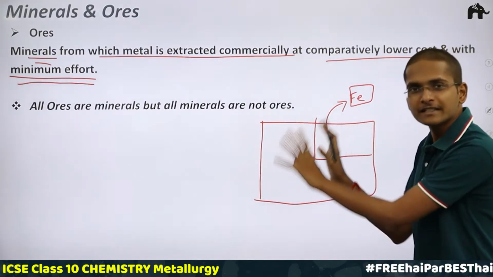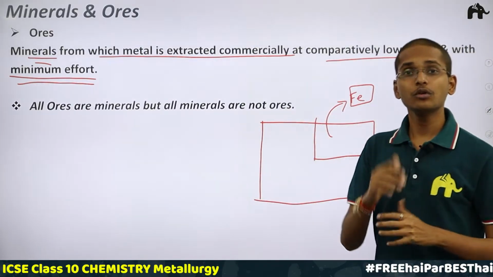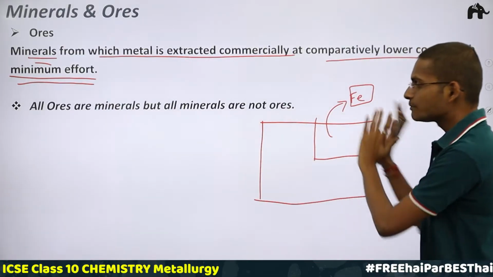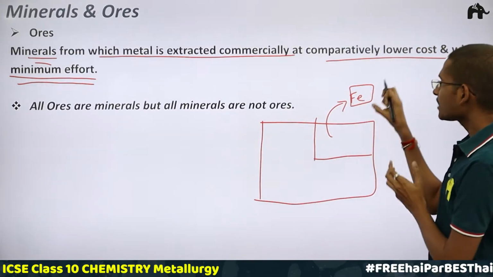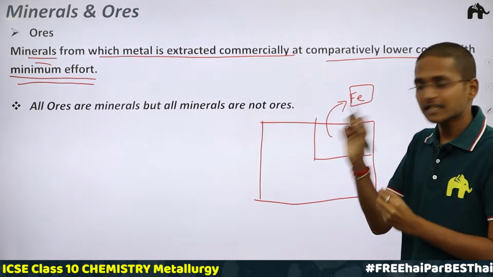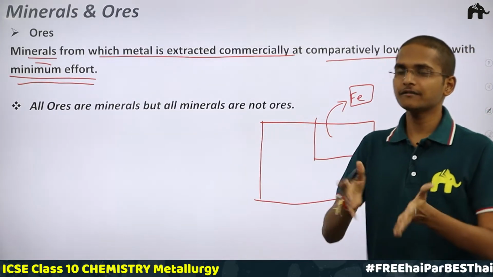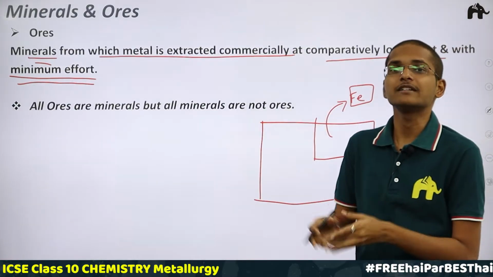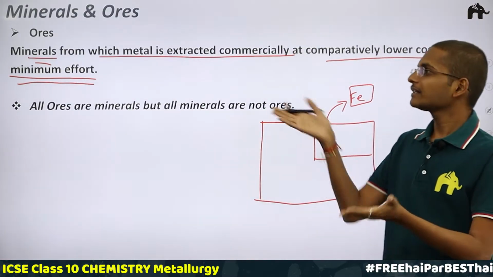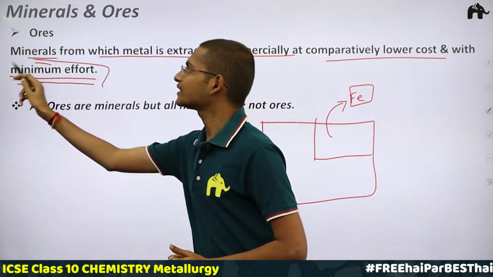In the same way, we are applying the logic. We are thinking about the hole in our pocket. That's why we are choosing, out of these minerals, those minerals from which we can extract our metal in the pure form at a comparatively lower cost. And also, we humans always tend to find some easy way, right? So that's why also with minimum effort.